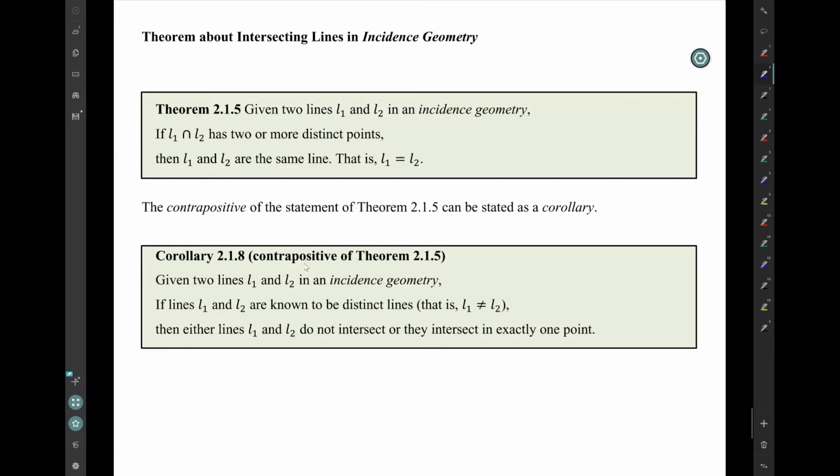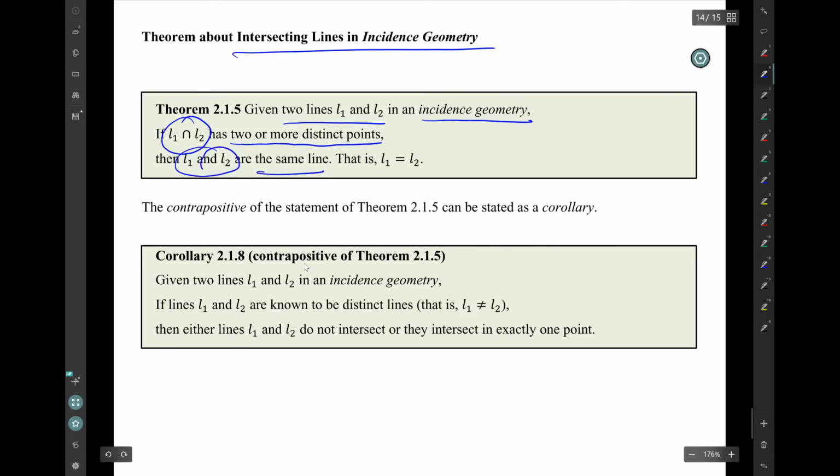Finally, I want to talk about a theorem about intersecting lines in incidence geometry. This theorem says, given two lines L1 and L2 in an incidence geometry, if the intersection of those two lines has two or more distinct points, then those lines are actually the same line. That is, L1 equals L2.